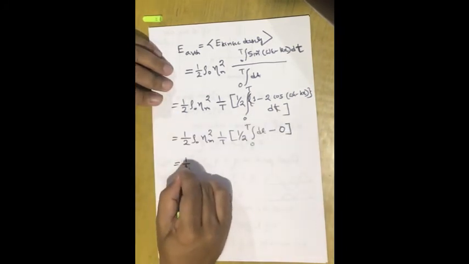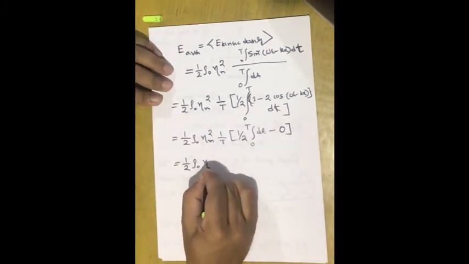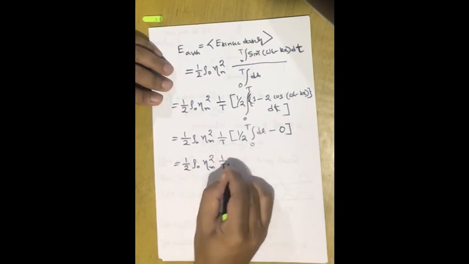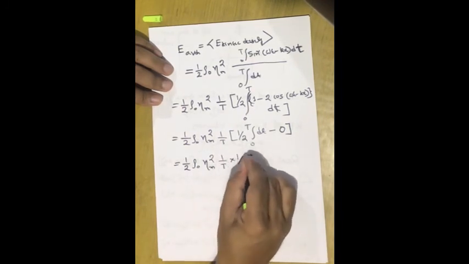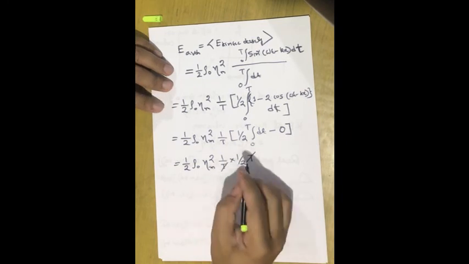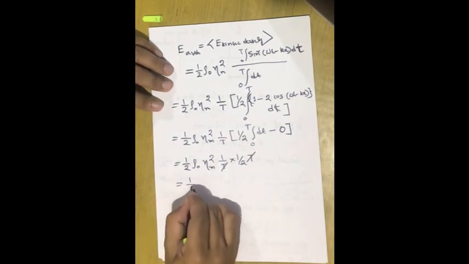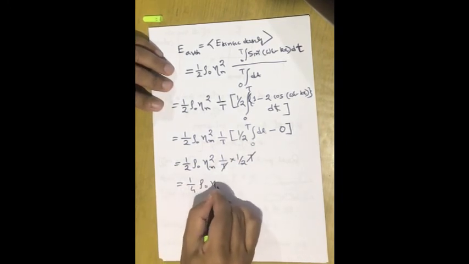So this value is rho naught eta m square, 1 by T, into half into T. The T cancels out. So finally what we will get is 1 by 4 rho naught eta m square.